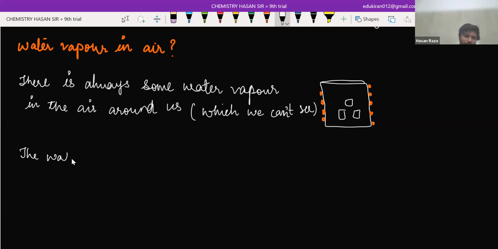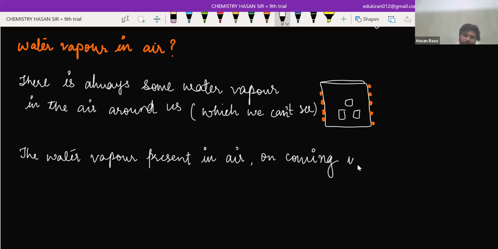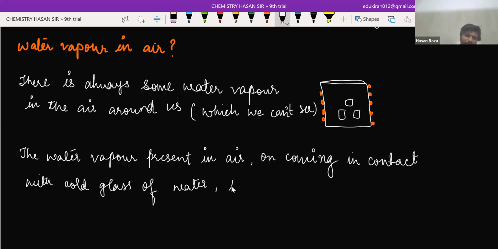The water vapor present in air, on coming in contact with a cold glass of water, loses energy.